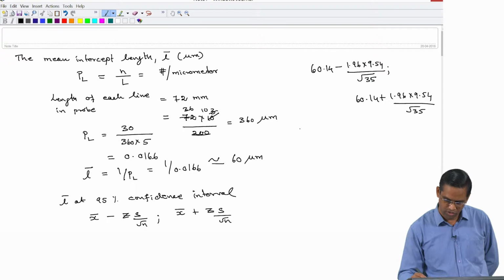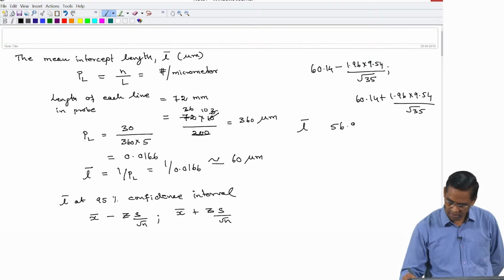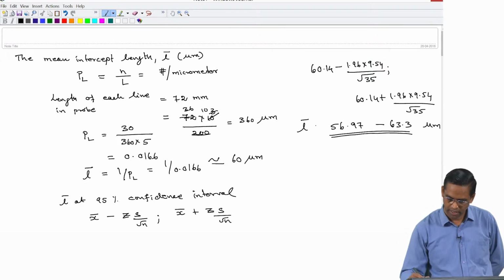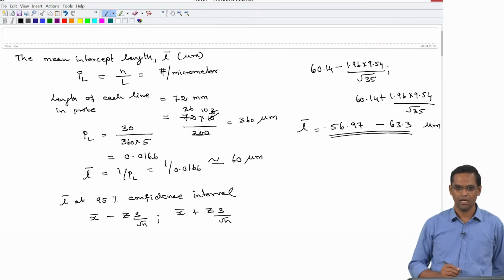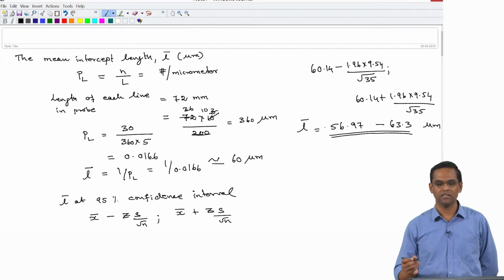So, you have a range which comes out to be 56.97 to 63.3 micrometer. The mean intercept length of the grains will lie in this range.